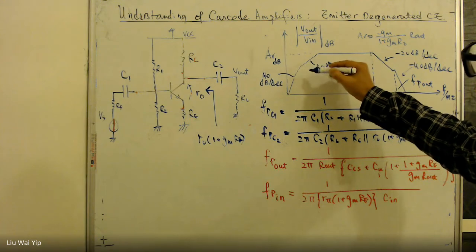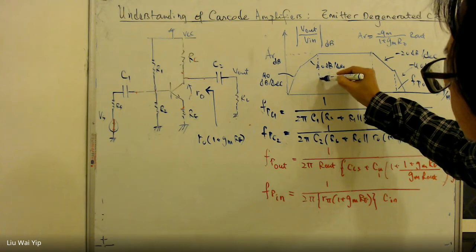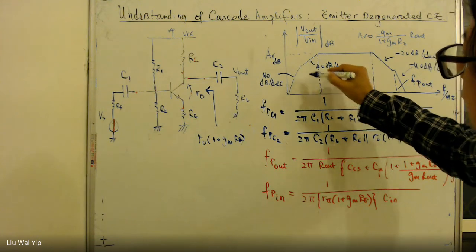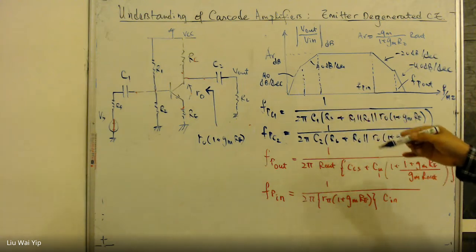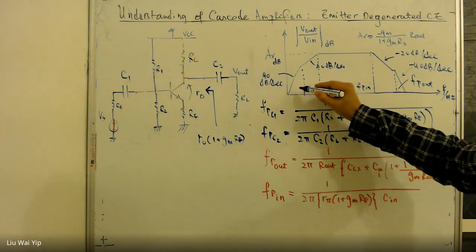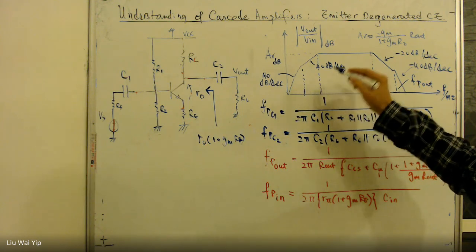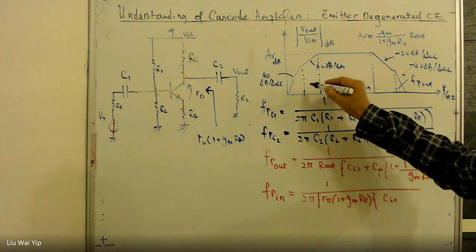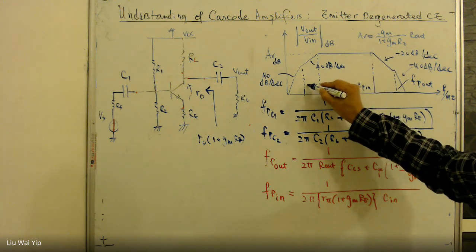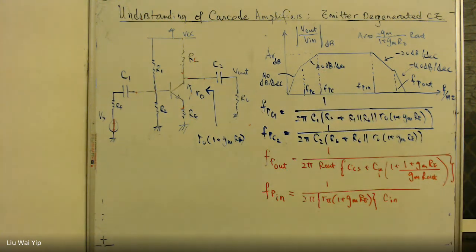And you have two poles here, one is the corner here. As I said to you, we don't know which one is first. Chances are this one becomes FPC1, this one becomes FPC2. We don't know. We don't know which one is which, okay?